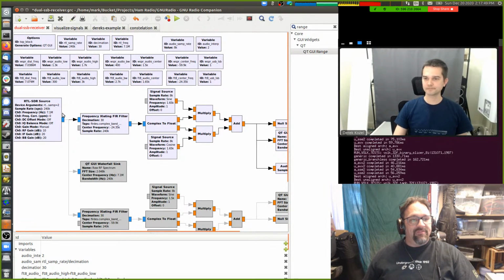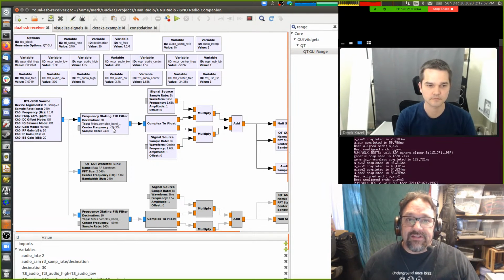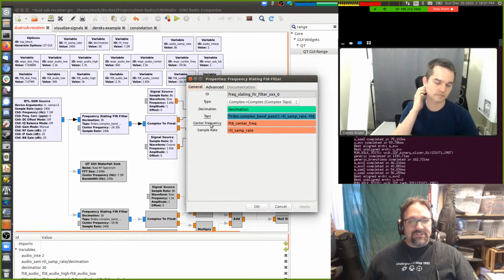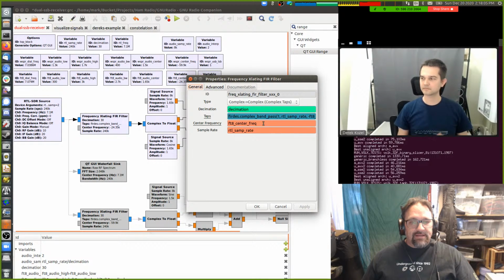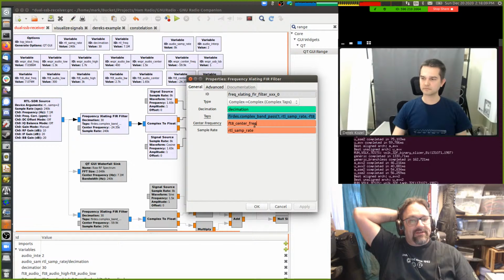So the output of this is our first IF. Now I'm taking it to this frequency translating filter, and that's my second IF stage, basically. So I am doing another local oscillator, which is effectively the FT8 center frequency.